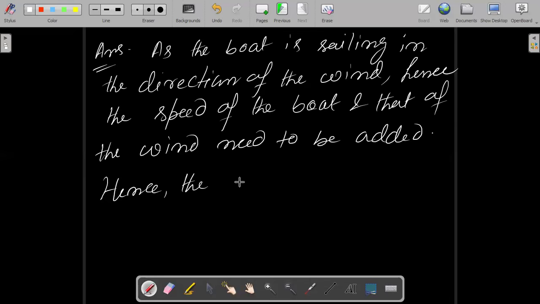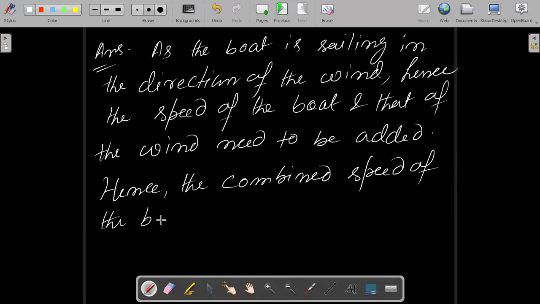Hence, the combined speed of the boat will be how much?